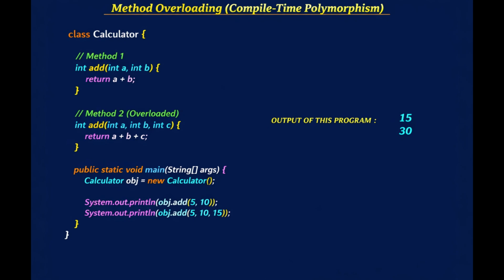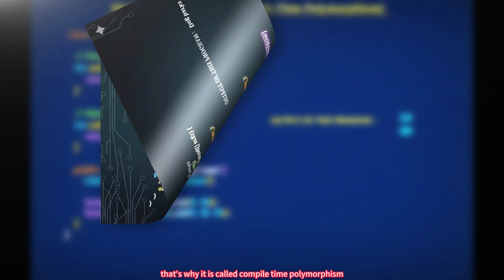Final output 15, 30. Here, we achieve method overloading because same method name, add, different number of parameters. The decision is made at compile time. That's why it is called compile time polymorphism.